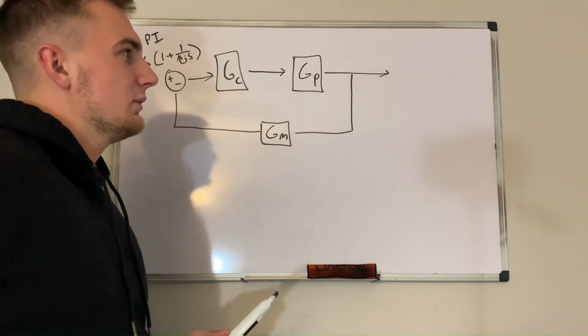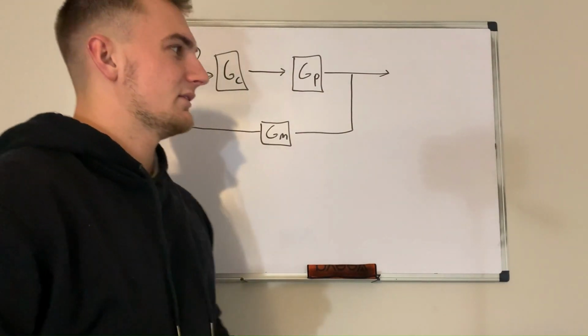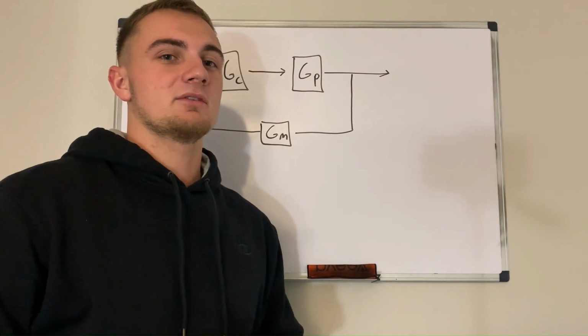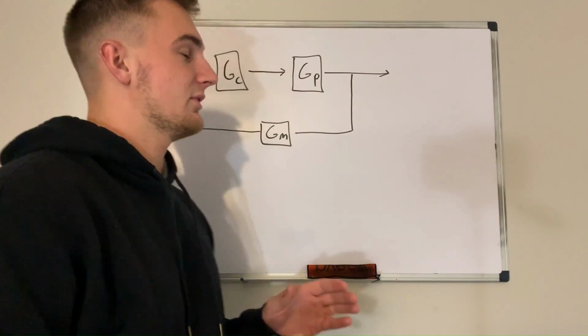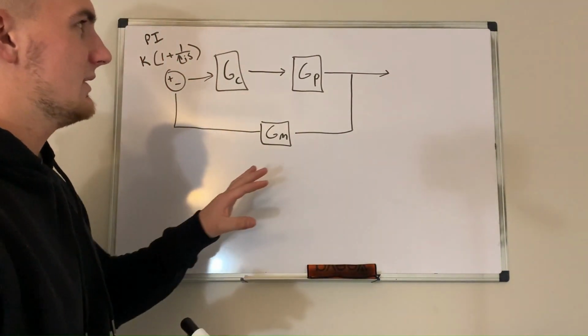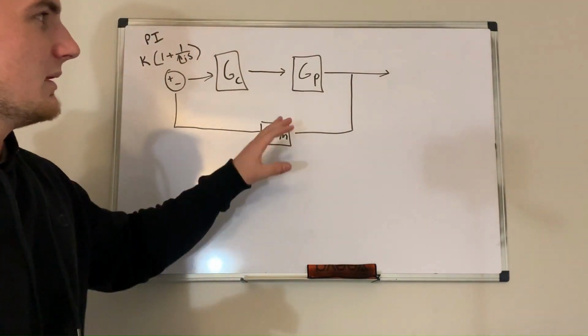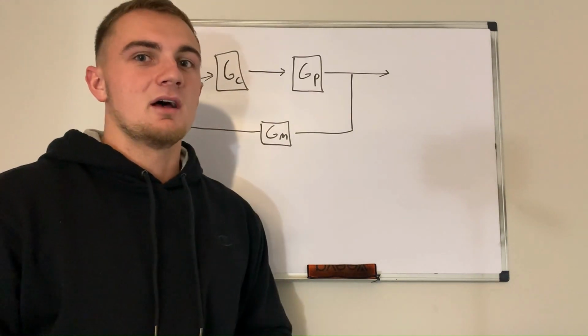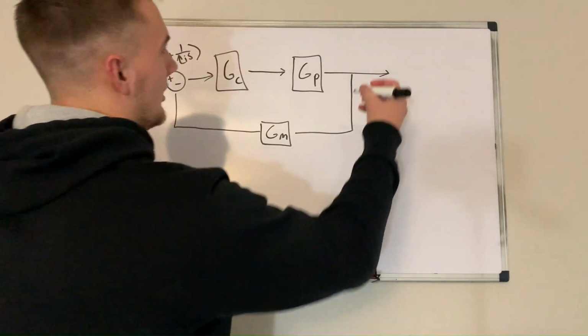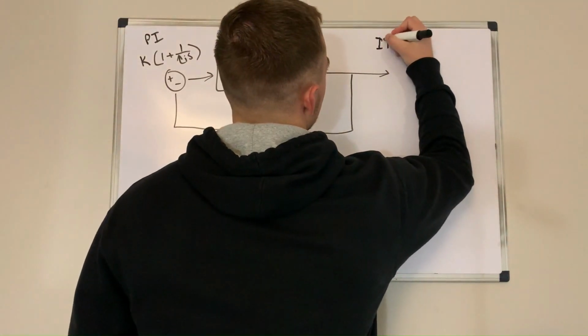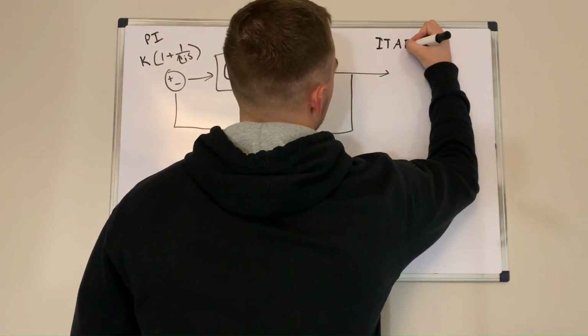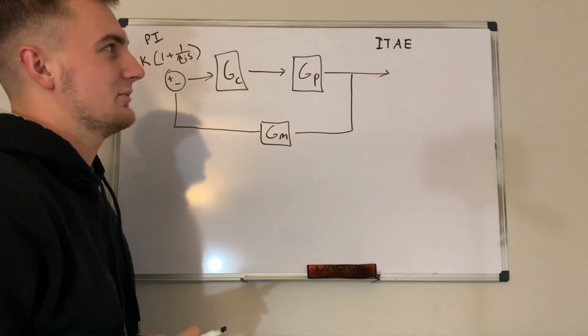And what we can do to get this is that people have basically done a bunch of modeling with a bunch of data sets, and they've been able to give optimal values for K and tau I based upon certain data sets by using something called ITAE, which is the integral of the time-weighted absolute error.